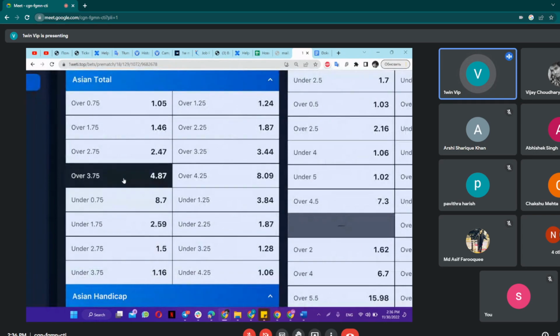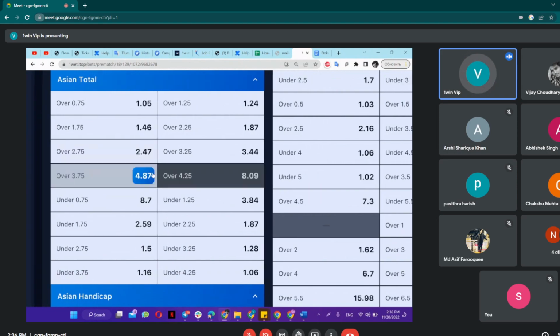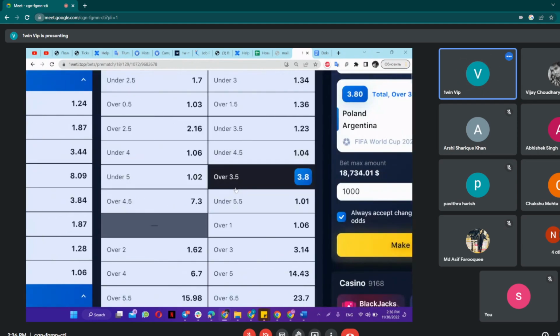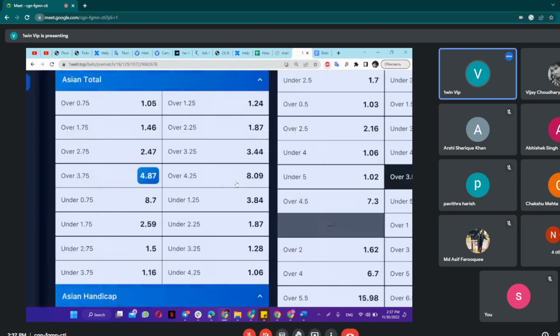Here we have more risks on over 3.75, but the coefficient is higher. Almost 1,000 more we will be able to receive by winning this bet. But if part of the bet is refunded and the other part wins, it will be around the same, a little bit less, as if the client just placed a bet on over 3.5.